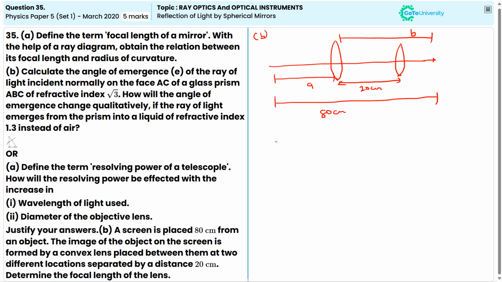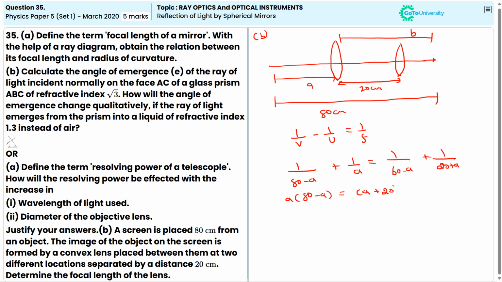Now based on the information given, we get the positions of the lens. By the lens formula, we can write 1 by v minus 1 by u equal to 1 by f. So here v is 80 minus A, so 1 by (80 minus A) plus 1 by A equals 1 by (60 minus A) plus 1 by (20 plus A). If we simplify this, we get A into (80 minus A) equal to (A plus 20) into (60 minus A).